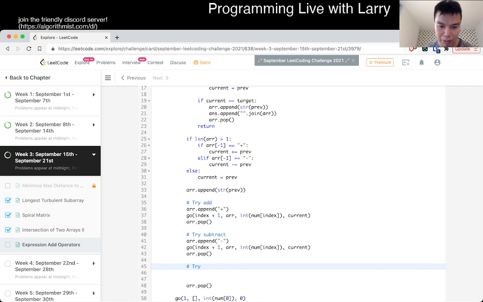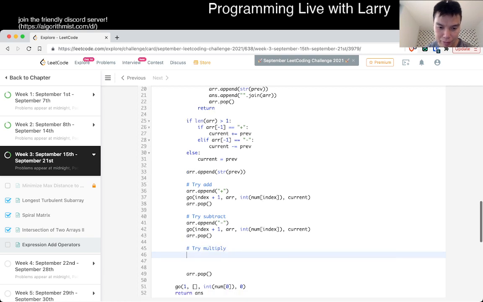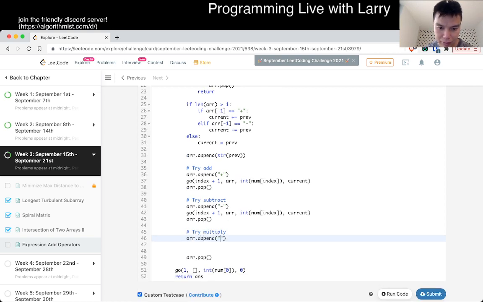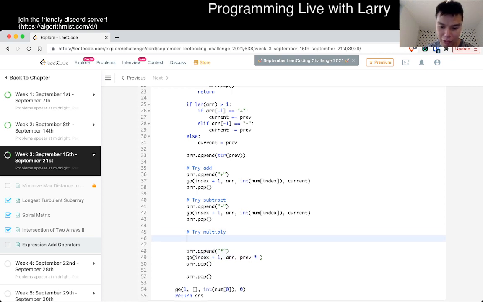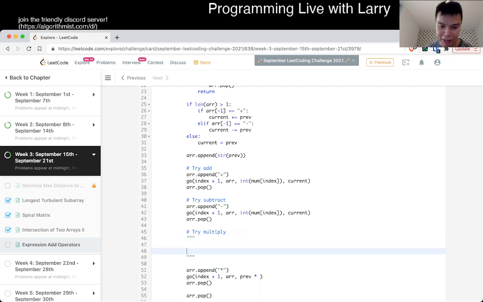So try multiply. Let's see, what happens when we multiply? Well, now the previous number, we times that by, oh no, I forgot about one case, so maybe this is not good. I forgot about the case where, let's say you have 10 times 20.